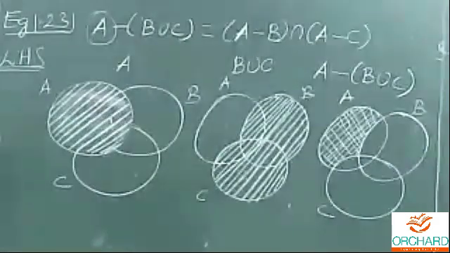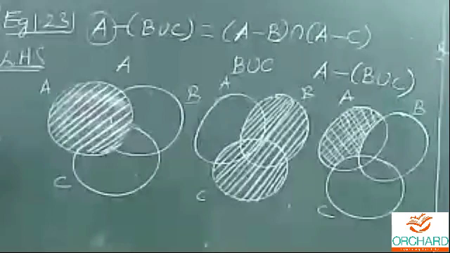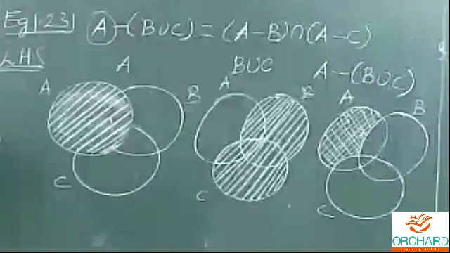Draw the diagram neatly. A difference B union C is equal to A difference B intersection A difference C.